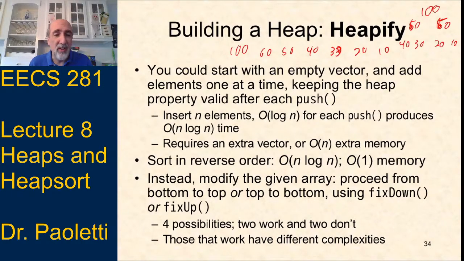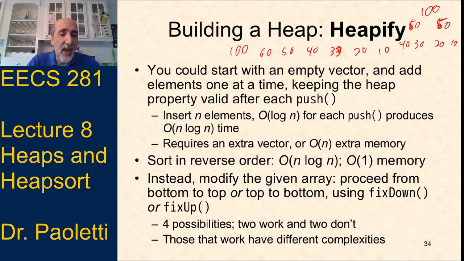If I reverse sort it, that is a heap, but sorting takes n log n. We don't want n log n time here. We want to get this down faster than n log n. We'd like to turn a random collection of numbers into a heap faster than that.